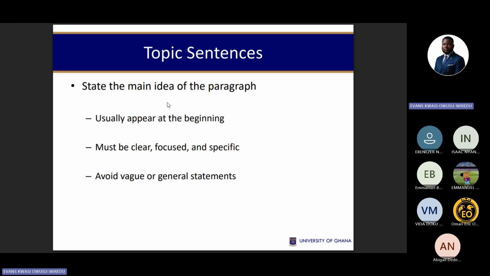Okay, state the main idea of the paragraph. The topic sentences. Now we are taking the topic sentences and elaborating on them. The topic sentence, which I've learned, is the main idea of the paragraph. Mind you, the paragraph is not the whole essay or the whole text, the whole article. It should have a lot of paragraphs in it.